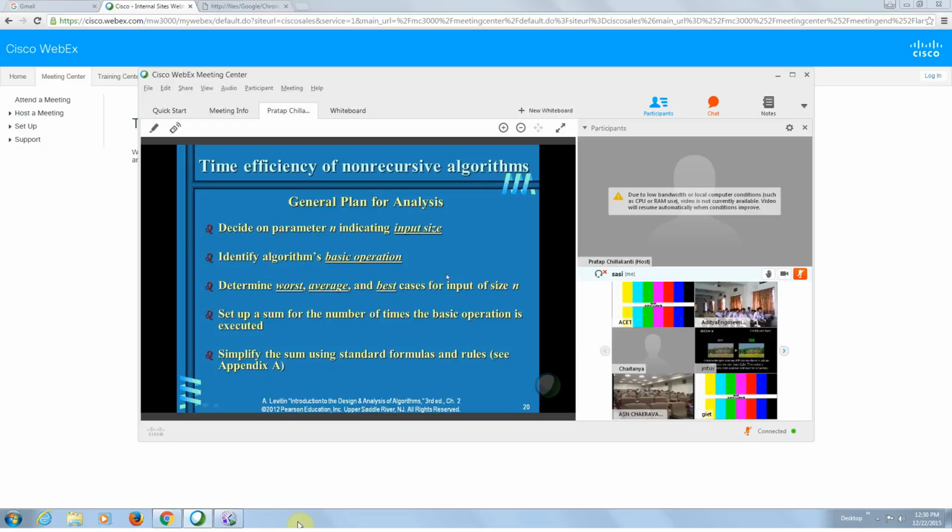You base all of your analysis on the basic operation. Then you have to determine worst, average, and best cases. Then you should have some kind of a summation to show how many times the basic operation is executed. Then you can simplify that using some formulas that he gives.